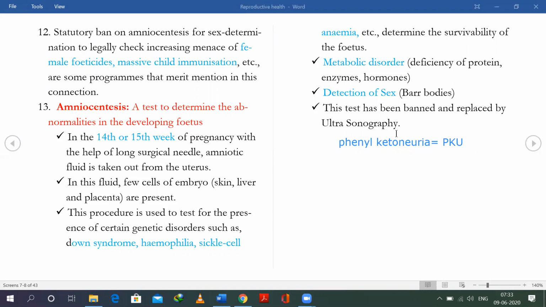And why it is not displayed is, we have this unfortunate scenario in Indian society in the case of female feticide. Unfortunately, the male child is more preferred over the female child, purely because of ignorance.